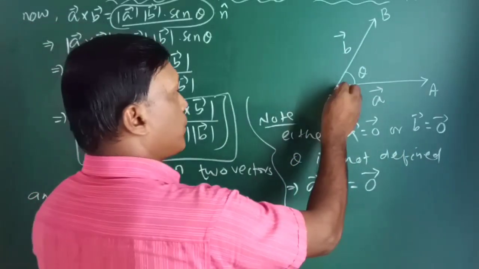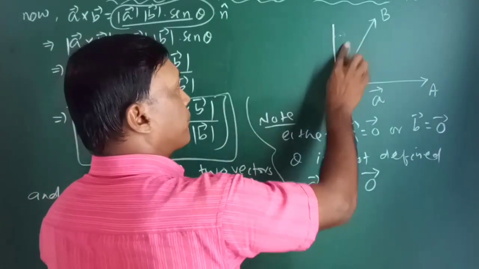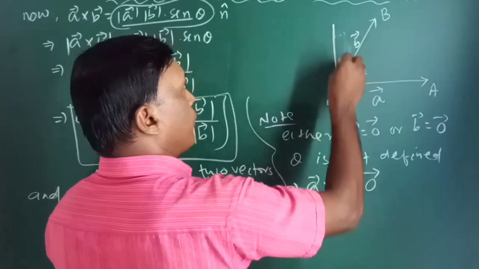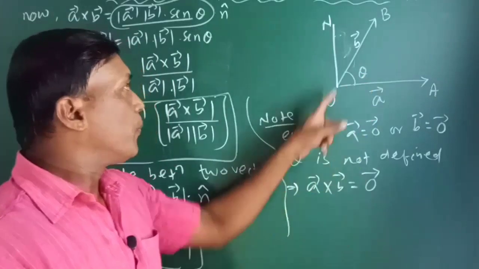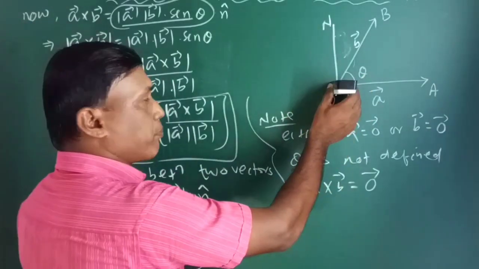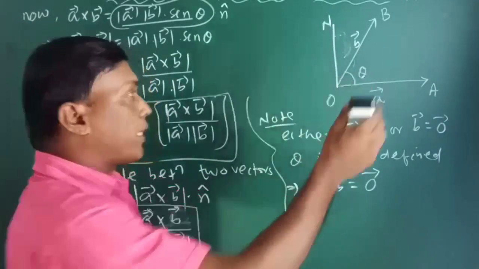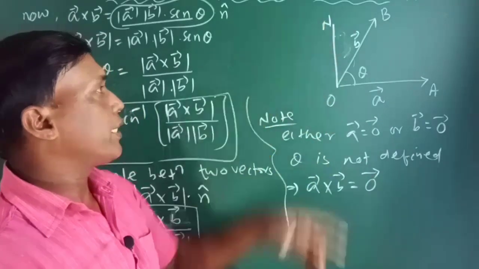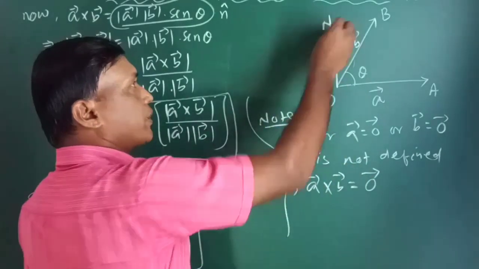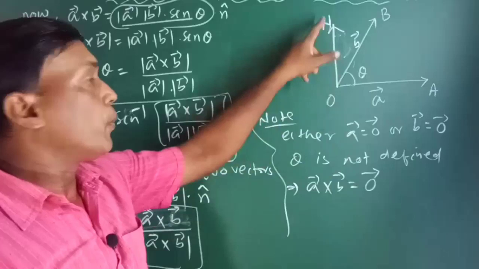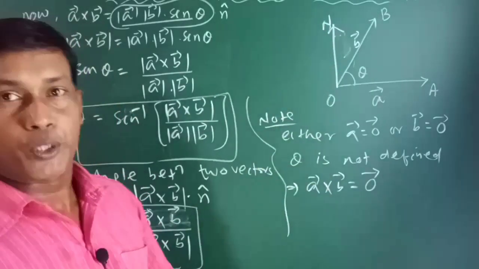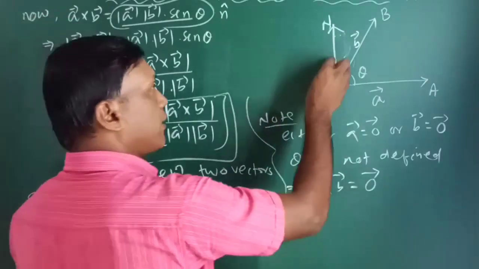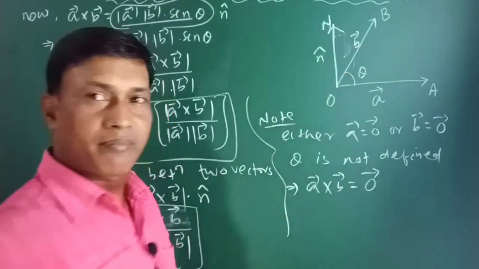Suppose ON vector is perpendicular, like this, to the plane, and I draw here ON perpendicular to the plane. That means this ON is the direction of A cross B, and the direction of this is n cap.